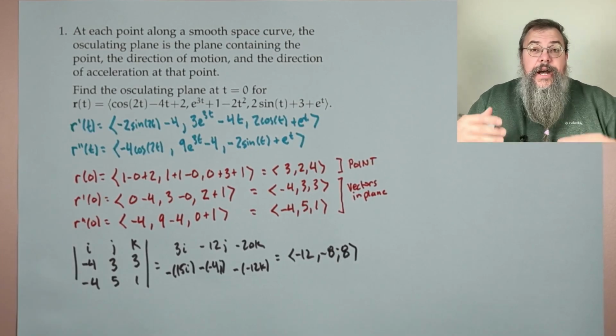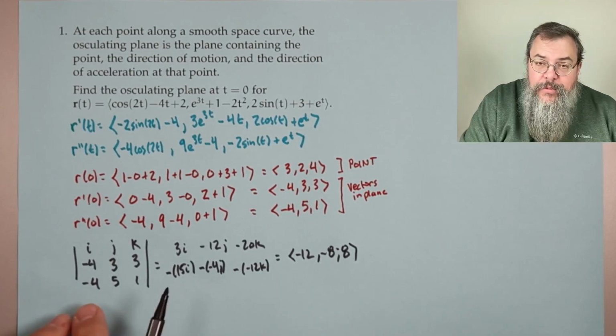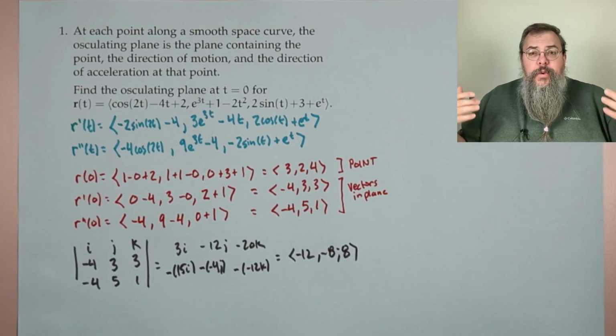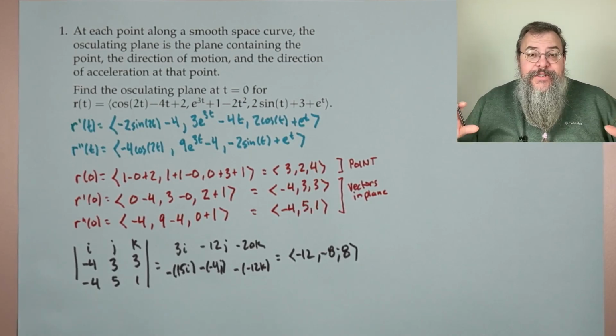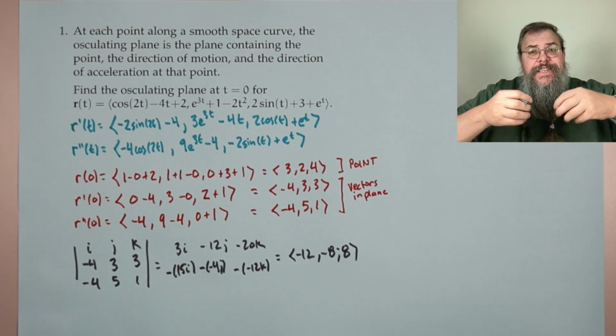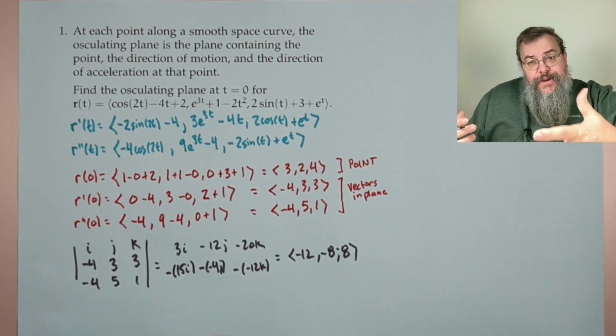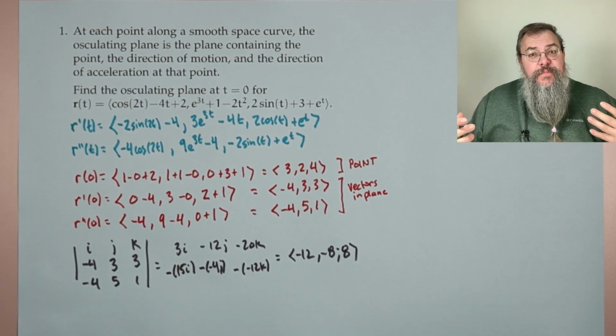Now, here's the thing. When it comes to the normal, and this is our goal, we only care about direction. And so the punchline here is we can scale. Scaling says you can introduce a number, and the same thing lets you pull out.